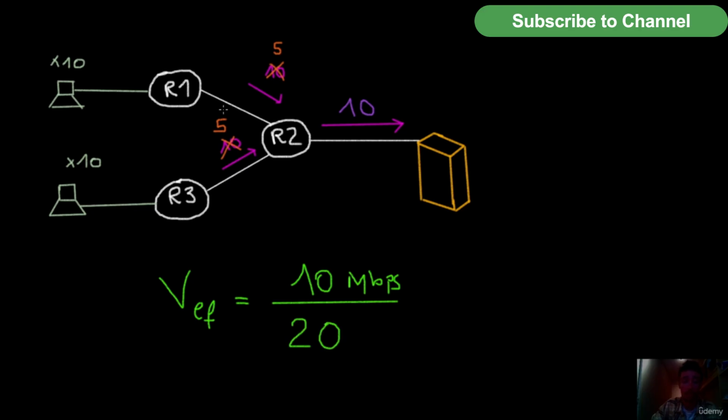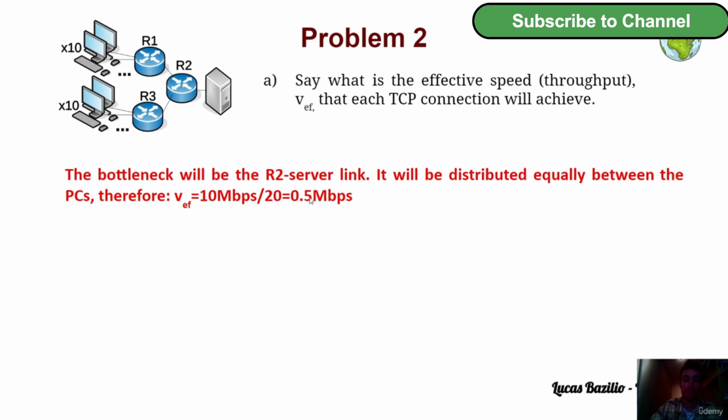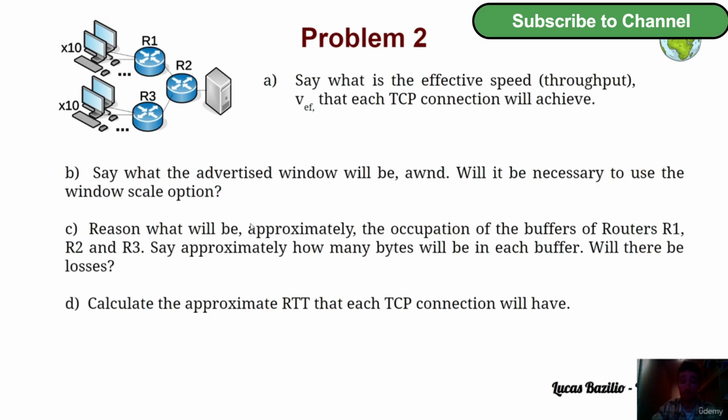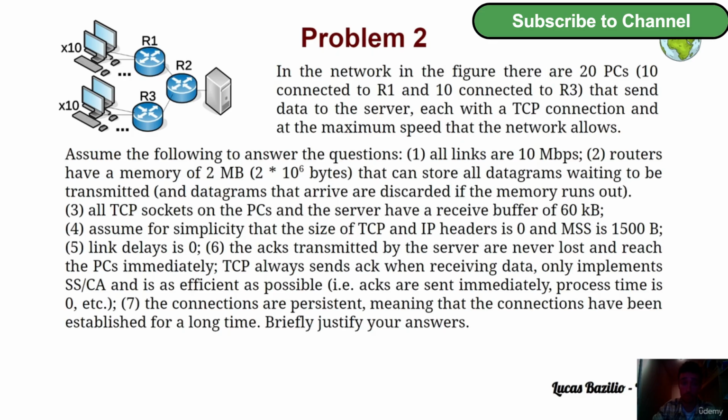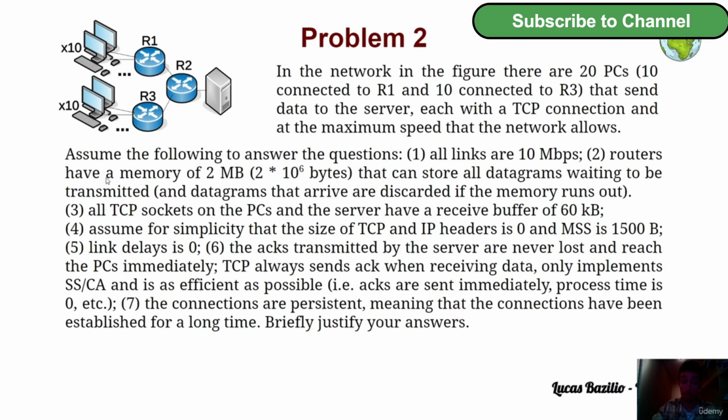If we make this division, this gives us an effective velocity of 0.5 megabits per second, and this is the solution to this first question A. Right here we can see the justification. The bottleneck will be at R2, and we are going to distribute it equally between the PCs. Very well, with this we finish the first question of this problem 2. In the following lecture we are going to continue with question B.